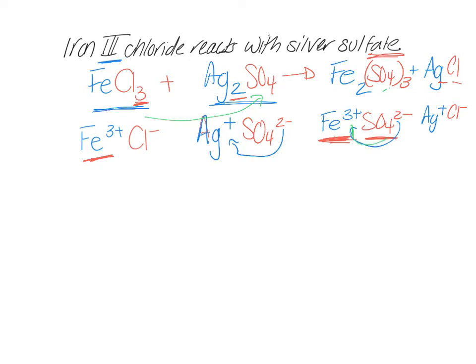Now, the only way that I can make it balance is by writing coefficients in the front of the compound. It might be a good idea to look at the SO4 as a group instead of like individuals.